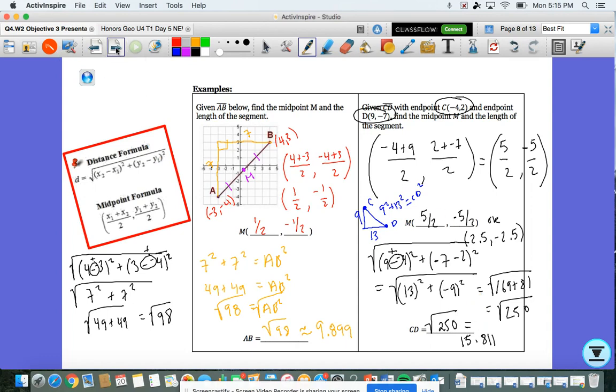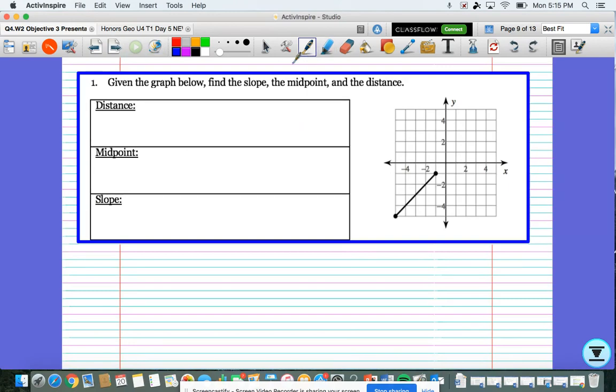Fantastic. Let's turn the paper over and let's do some more examples together. If you want to pause the video, or if you want to try this on your own, I encourage that. I think that's a fabulous idea. So distance. I'm going to do it as a right triangle. 1, 2, 3, 4. 1, 2, 3, 4. So 4 squared plus 4 squared equals, I'll call it C squared because I don't know what else to call it.